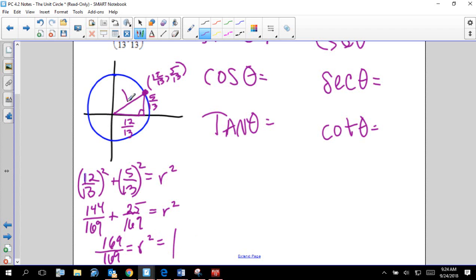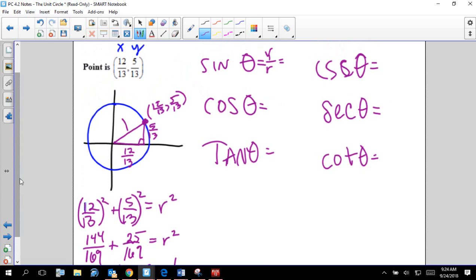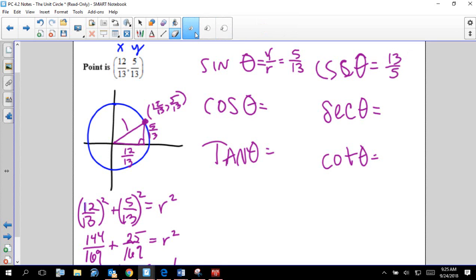So this actually is the unit circle. Nice. So we do our sine, and the sine is y over r, so we get 5/13ths over 1. So my cosecant would be 13/5. Just reciprocate it. And then my cosine would be 12/13ths, x over 1, and then secant would be 13/12.